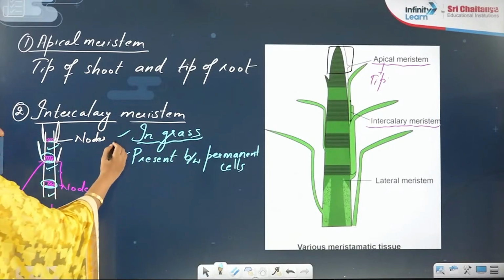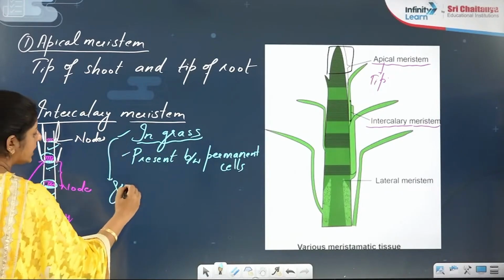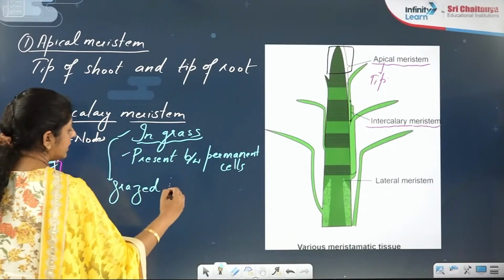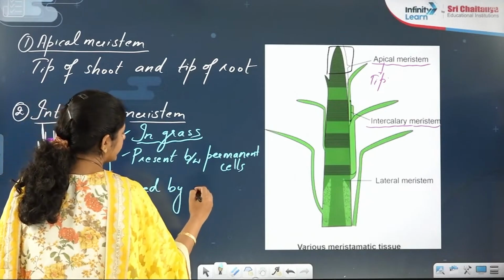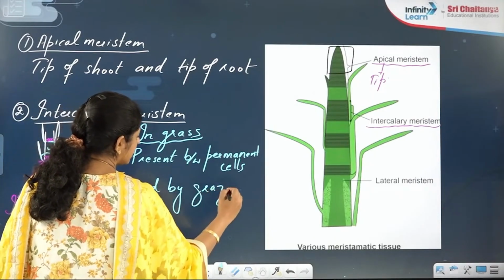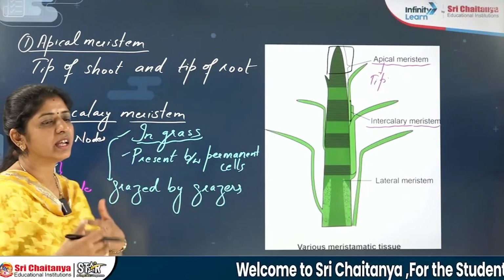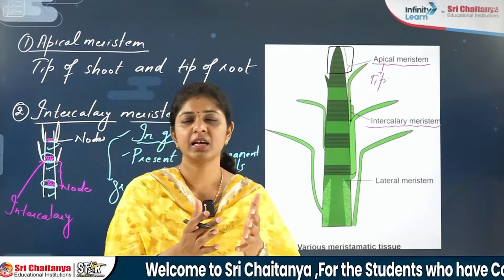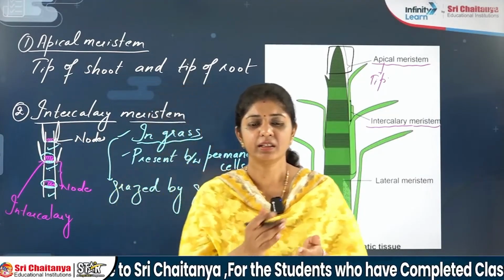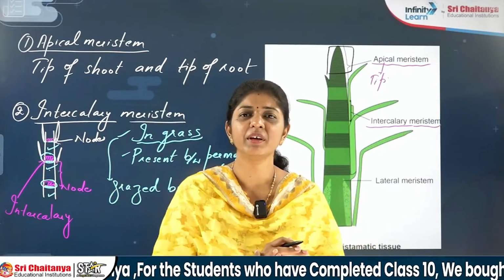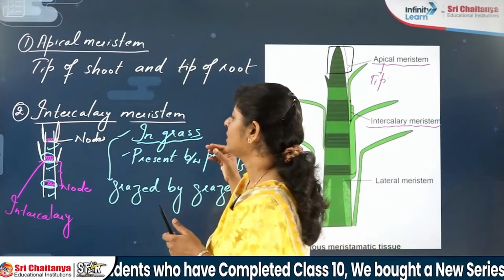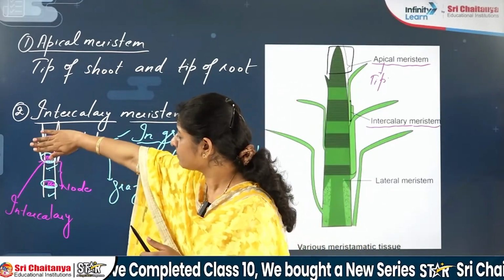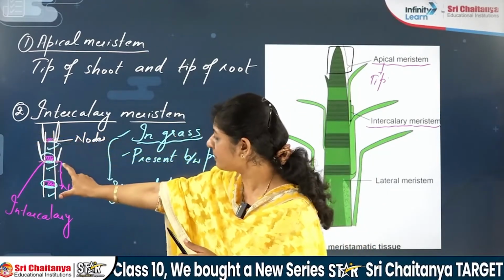Now, why grasses? When grasses are grazed by animals, or grazers, after a few days you can see grass appears again here. The reason is, suppose this part is eaten up and only this part is left.